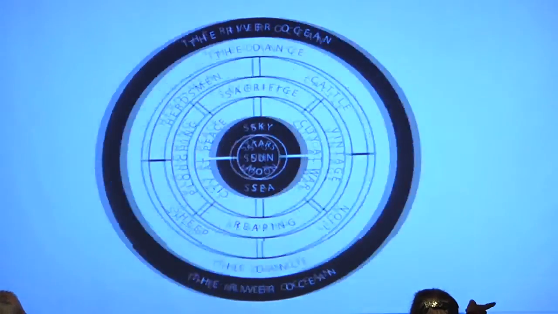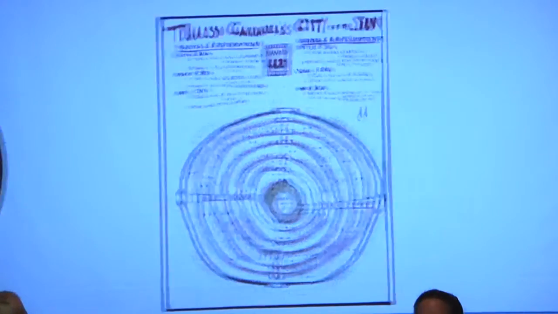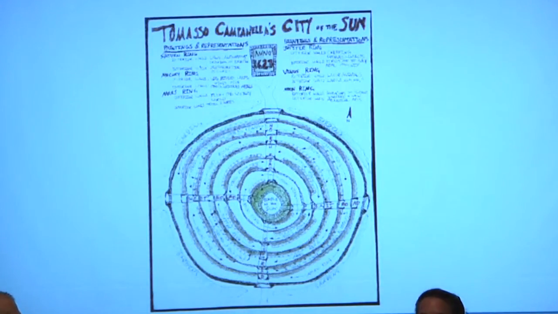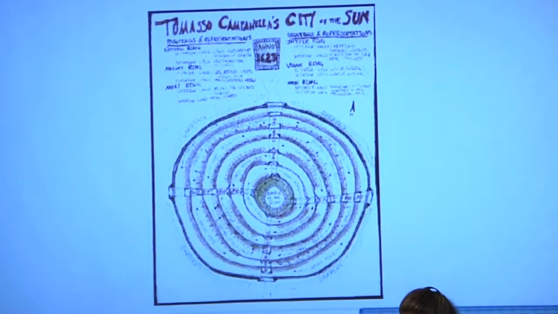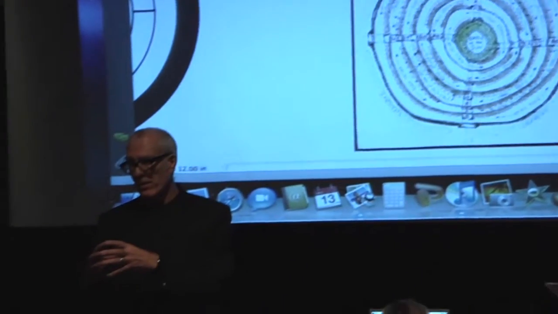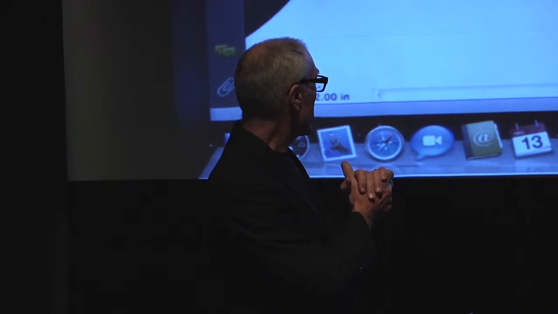And then finally, the last example is Tommaso Campanella's City of the Sun, which obviously is a bounded city as well. Just to add, the description that Campanella made of this utopian construct is that it was concentric, and on the city walls all knowledge was painted. So everything that was known was painted on the actual walls.